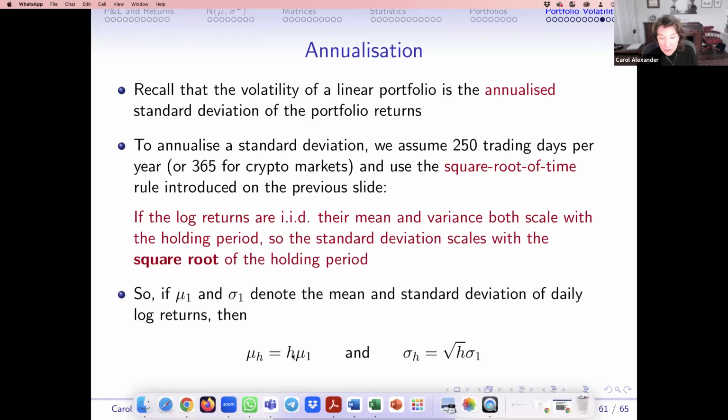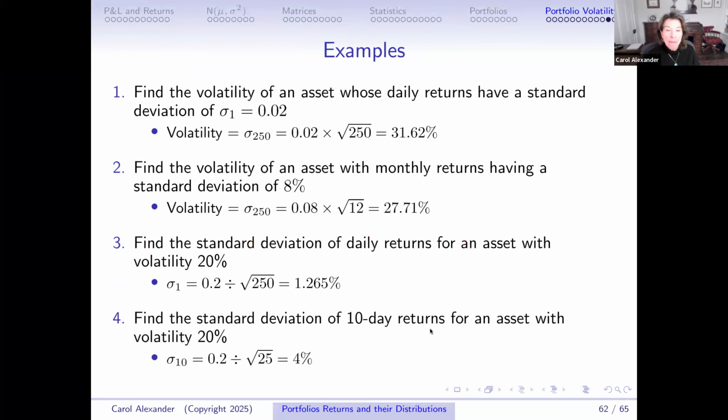So that's why we've got h as the scaling factor to get mu h, that's the mean of the h-day returns. It's h times that. And the standard deviation of the h-day returns is the square root of h times the daily standard deviation. So h could be 250, or it could be something else.